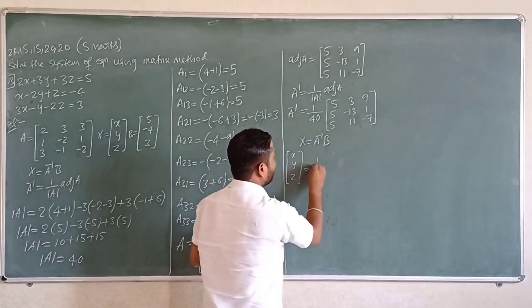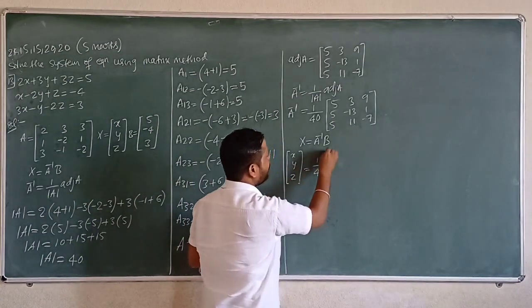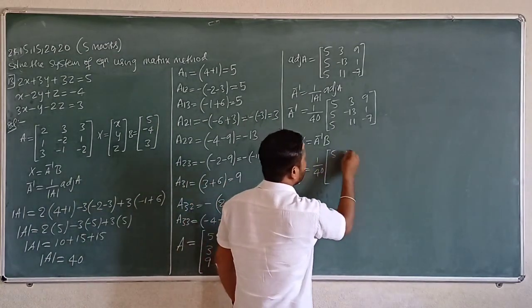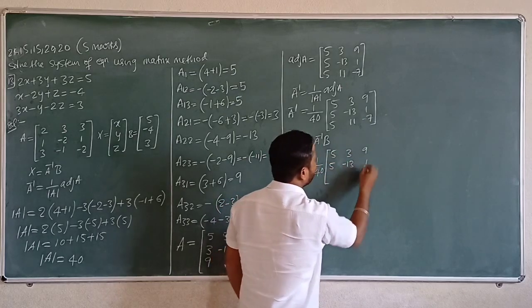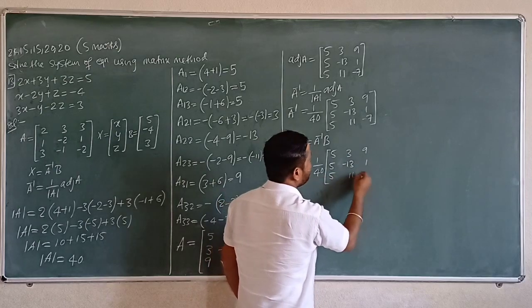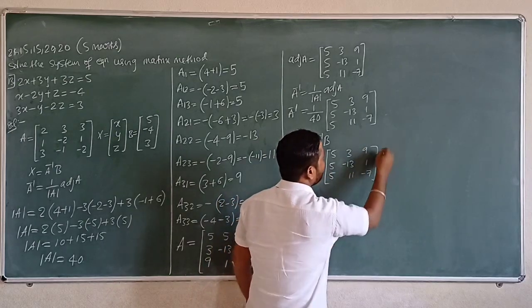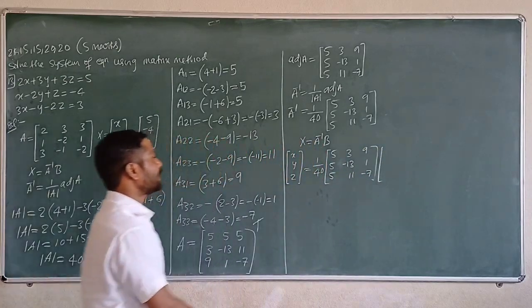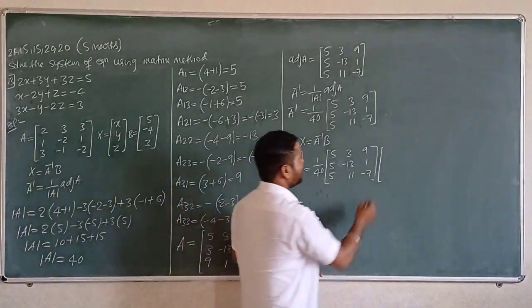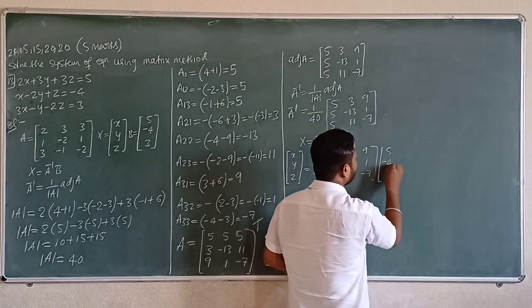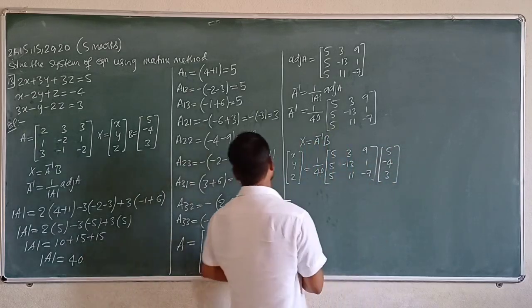That is 1 divided by 40 into 5, 3, 9; 5, minus 13, 1; 5, 11, minus 7 now, into B, meaning the constants, that is 5, minus 4, 3.